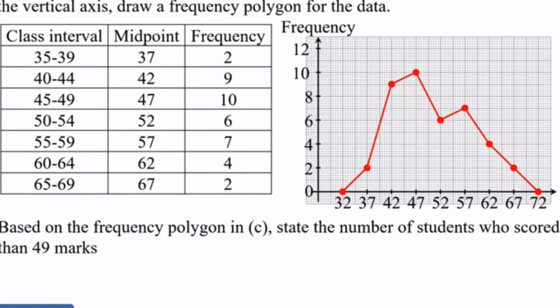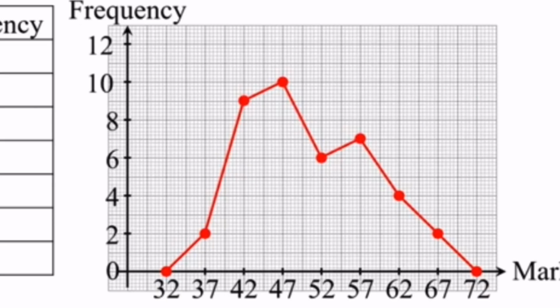So we need to connect all the points using a ruler. No freehand is allowed for a frequency polygon. Basically, they will ask you to solve some simple questions concerning the frequency polygon.